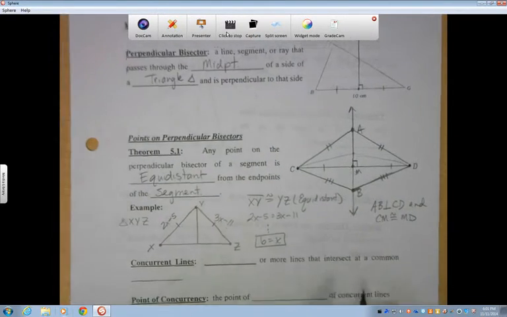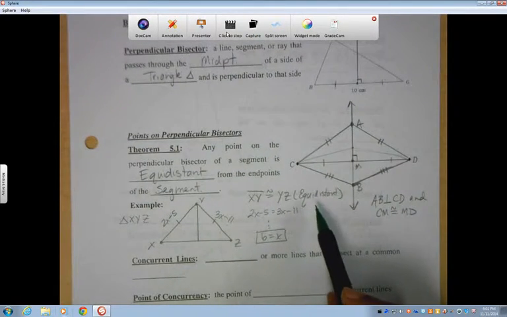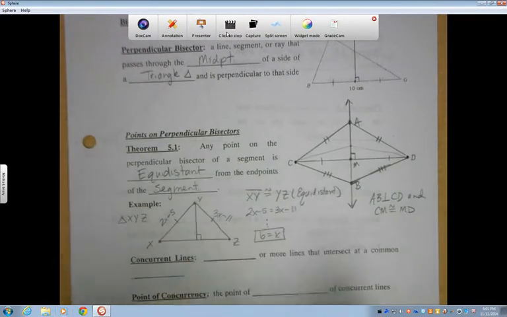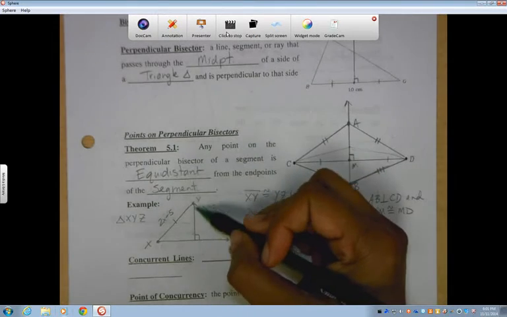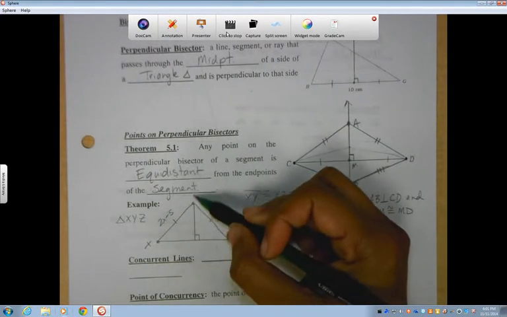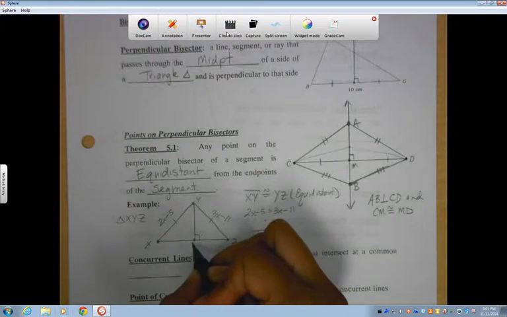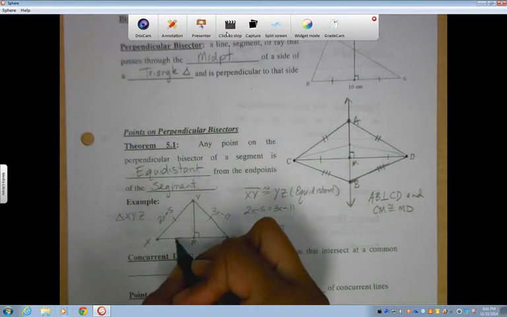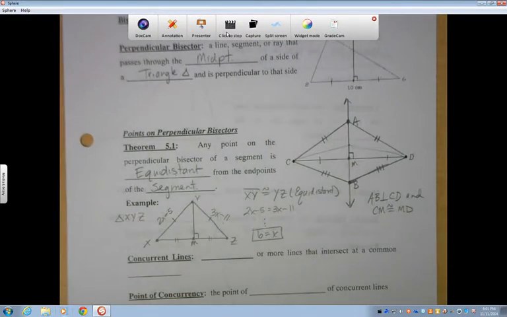So as long as you know it's equal distance, then we know that this would have to be a perpendicular bisector. The segment, or the line, and I would need another point to name it, YM, would have to be a perpendicular bisector for it to be equal distance to the endpoint. So this would also have to be a midpoint, M, to that side XZ.